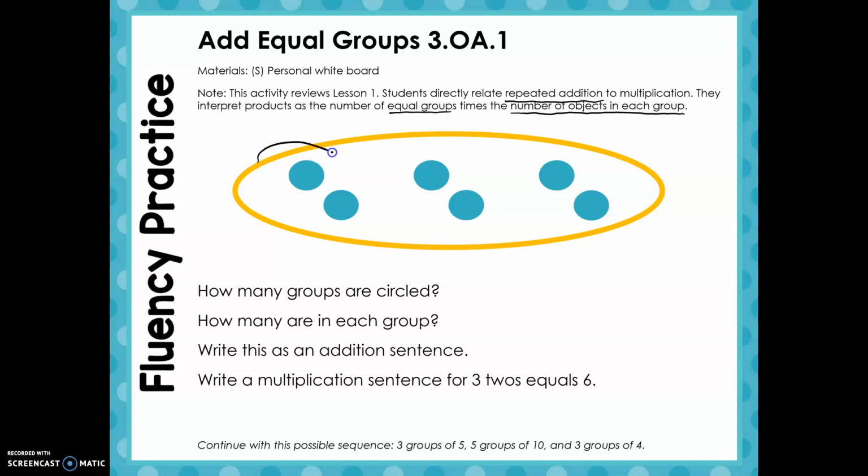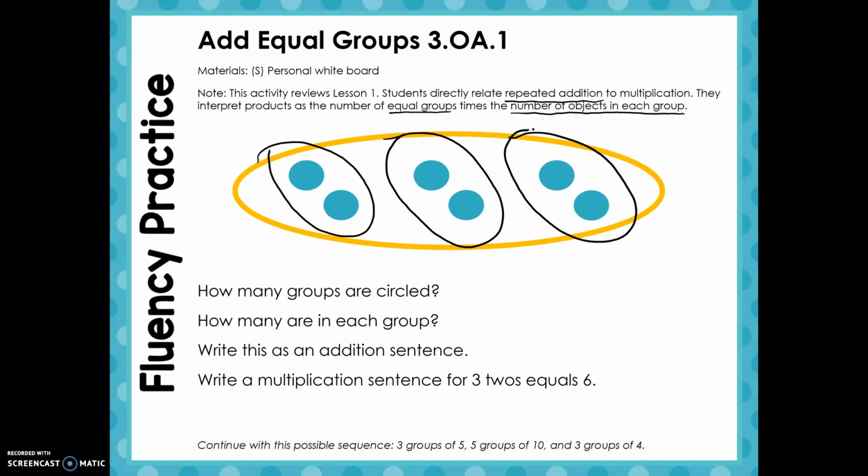And I want you to think of how else you could group these 6 blue circles. What if we group those circles like this? If I were to do it that way, how many groups are circled? We have 1, 2, 3 groups. What if I asked you how many are in each group?